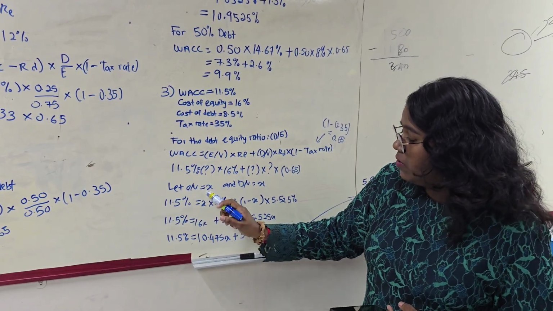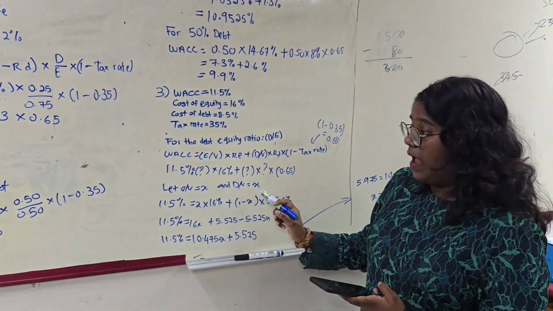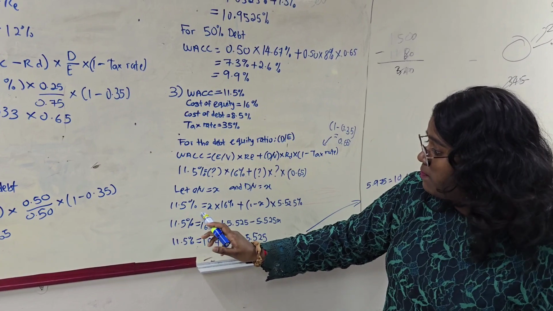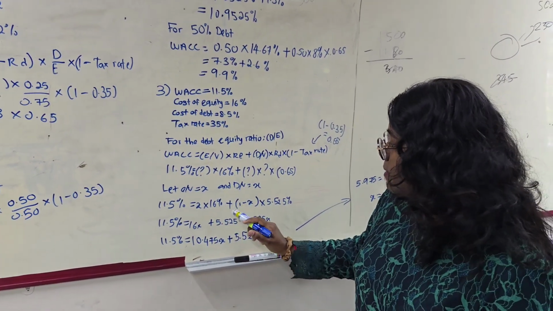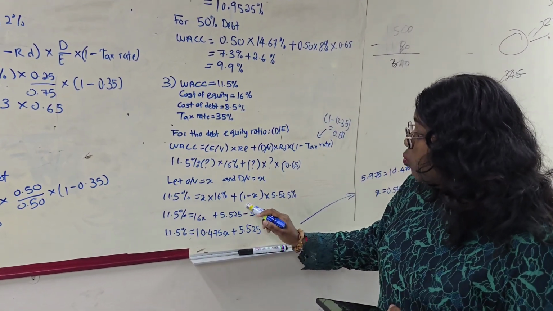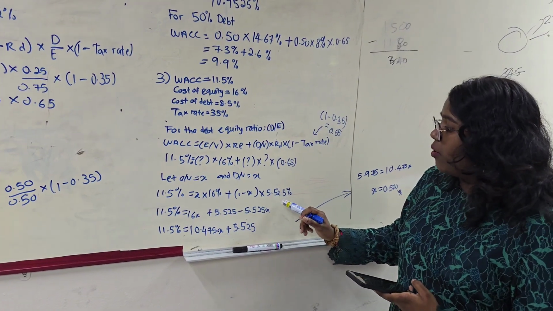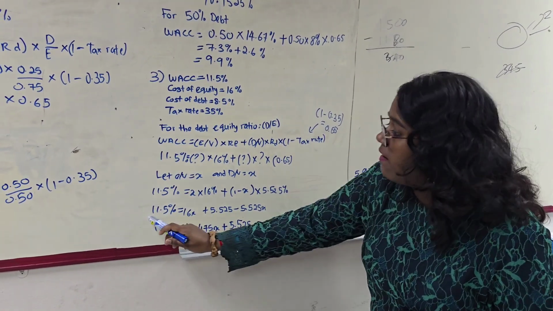Let E/V equal x and D/V equal 1 minus x.